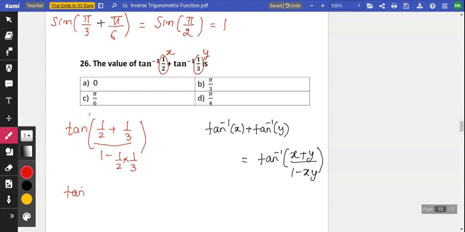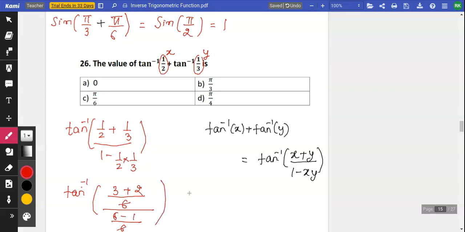Now take LCM. This is tan inverse. LCM is 6, become 3 plus 2. Also same, the LCM is also 6. 1 minus 6 minus 1.